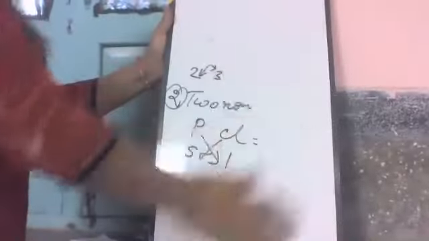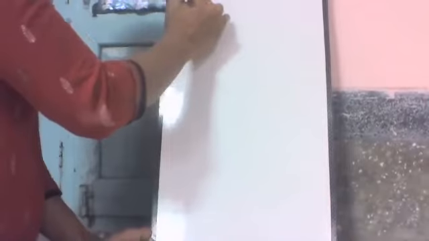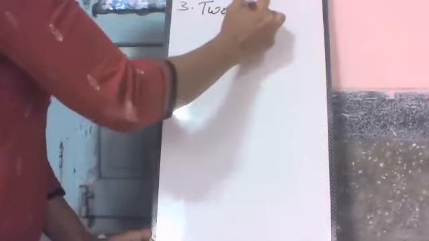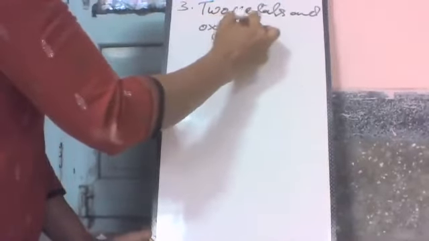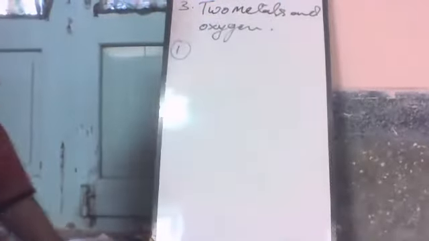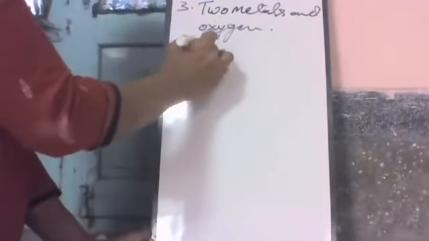Two elements and oxygen. Here are more than two elements and one of them is oxygen. There are different conditions for writing this. Oxygen is represented at the end. What is the condition? Two metals and oxygen. First, oxygen is added at the last.